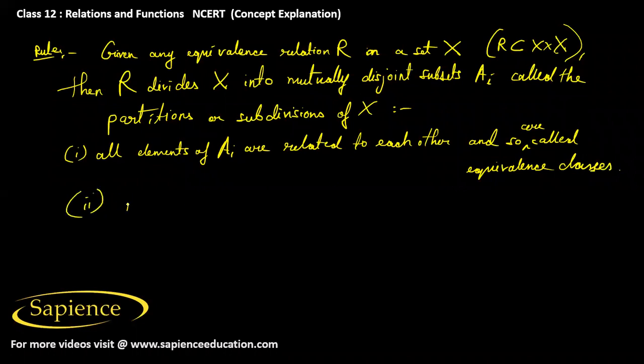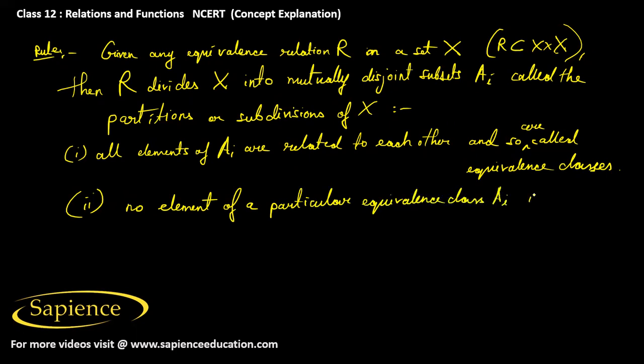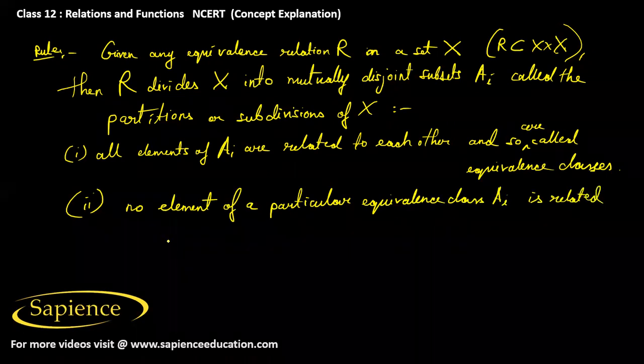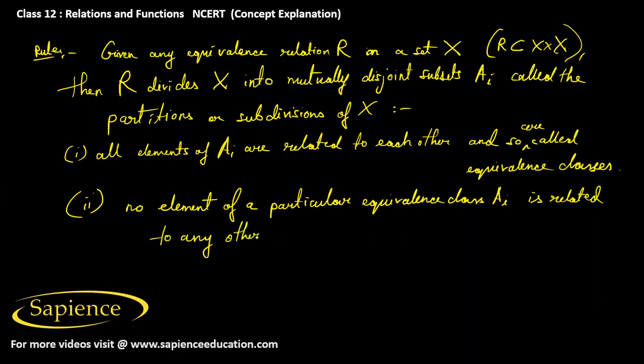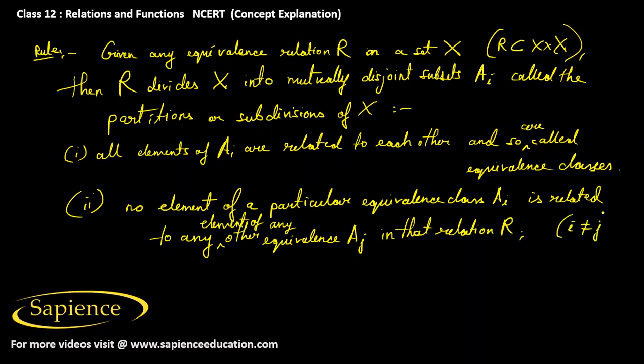And no element of a particular equivalence class Ai is related to any element of any other equivalence class Aj in that relation R, where i should not be equal to j.